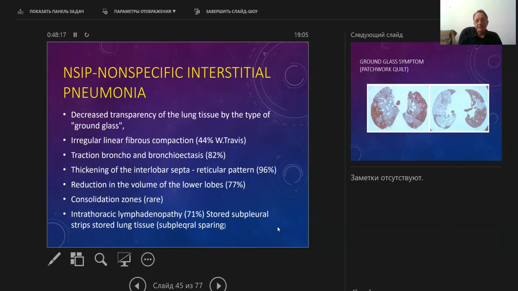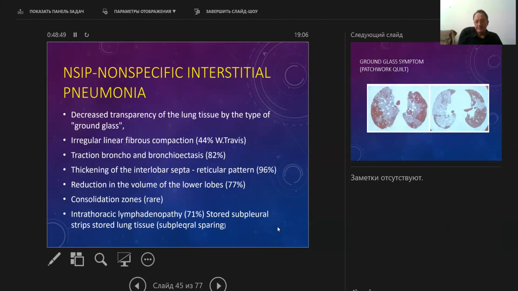It also can happen in case of non-specific interstitial pneumonia. Thickening of the interlobular septa, which leads to a reticular pattern, reticular abnormalities. A reduction of the volume of the lower lobes. Very rare consolidation zones. In most patients, you can detect intrathoracic lymphadenopathy.